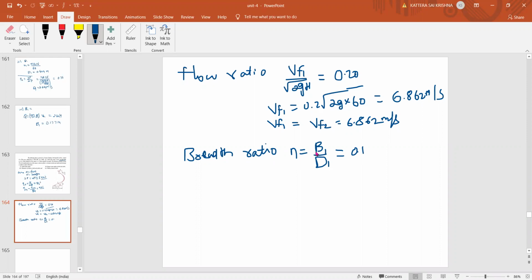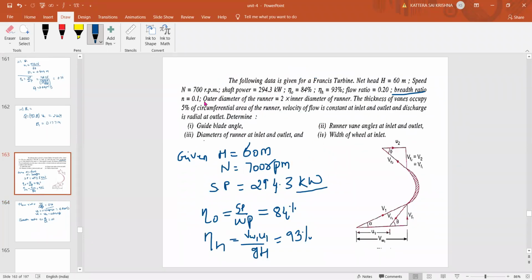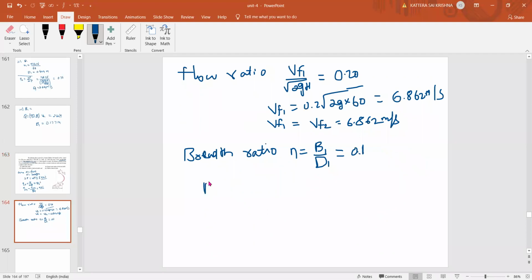Okay, so breadth ratio n equal to B1 by D1. So the ratio is always 0.1. Next, what he has given, one important thing, the outer dia of the runner D1 is equal to 2 times the inner dia. Right, so D1 equal to 2 times D2. These are the conditions given to us.